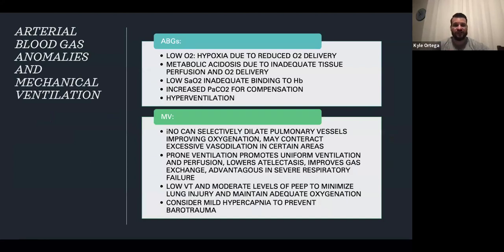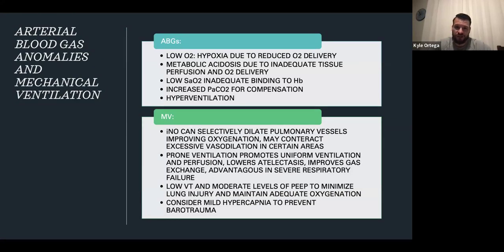All right, so next we're going to look at arterial blood gas anomalies and mechanical ventilation when it comes to distributive shock. Looking at the ABGs, you're going to have low oxygen. There's going to be hypoxia due to reduced oxygen delivery. It's going to be metabolic acidosis due to inadequate tissue perfusion and oxygen delivery.